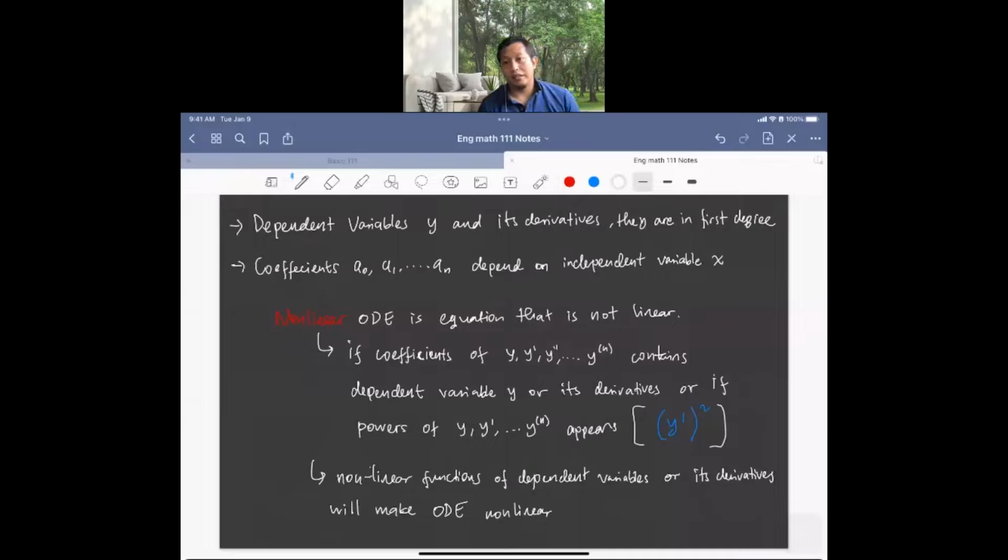For example, if you see any trigonometric function like sine y, then it makes it not linear, right? Because it has a sinusoidal, it has a curve, so it makes the subject nonlinear also. I hope it's clear. Let me give you an example of what kind of equation becomes nonlinear.